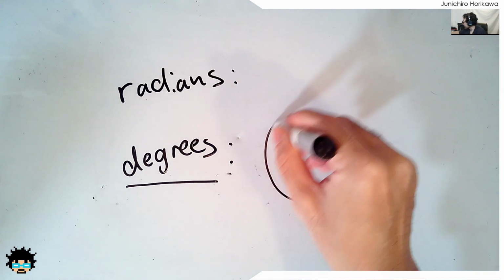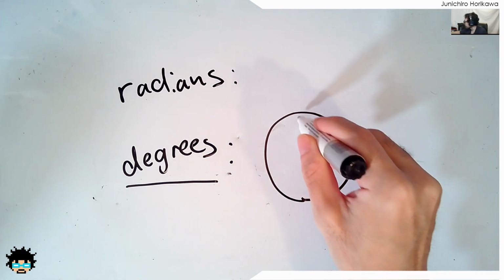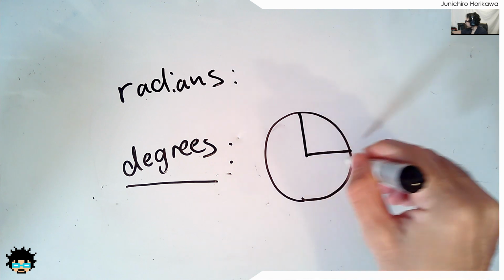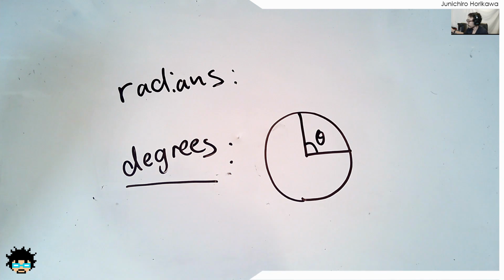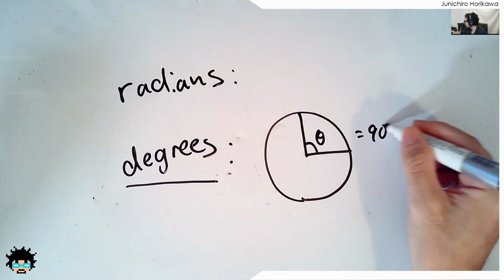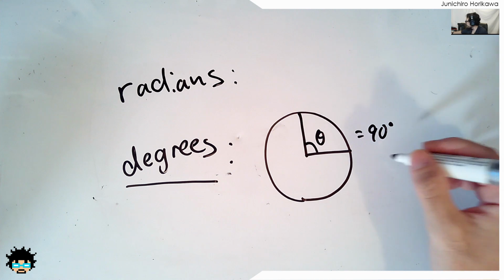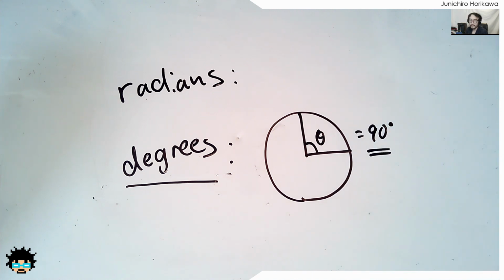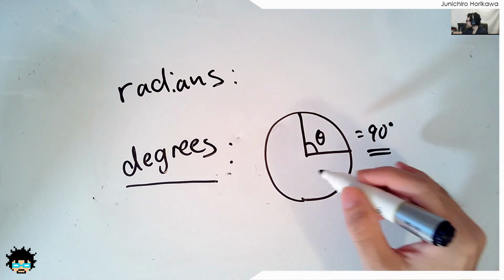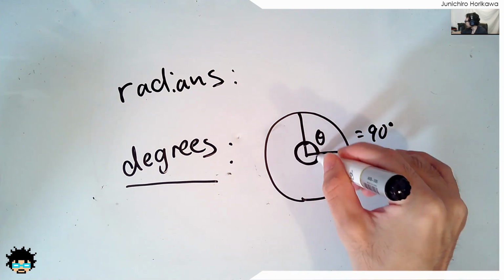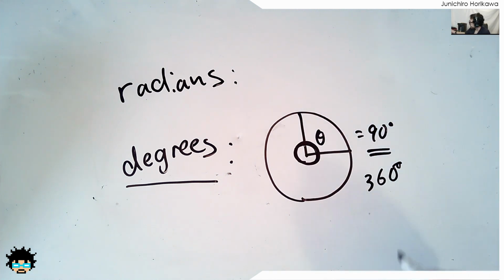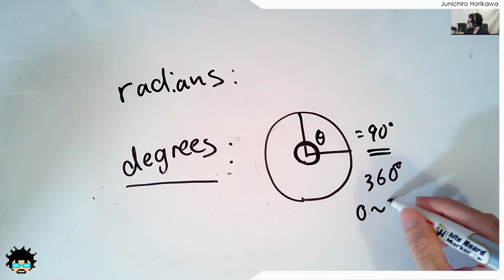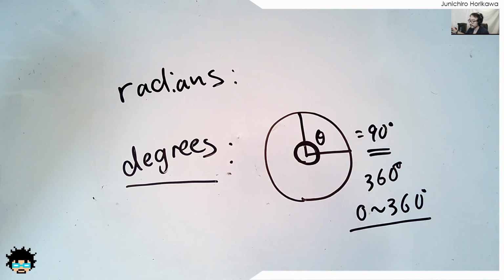When there is a circle and you want to know this arc angle right here, you might say this angle is equal to 90 degrees. This expression is degrees, and the whole angle of this circle is equal to 360 degrees. So you can mostly express the angle between 0 and 360 degrees.